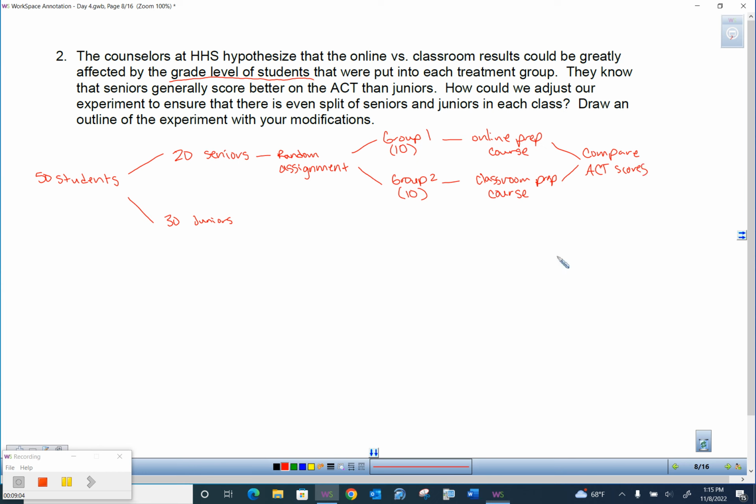Okay, now we're just going to repeat this process for the juniors. We're still going to do random assignment. What's going to look different is just the numbers after we split up our block. So we still have group 1 and group 2. Okay, but we're splitting 30, so this one will have 15-ish, and then the bottom one will have 15 as well.